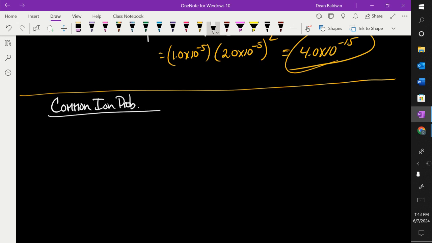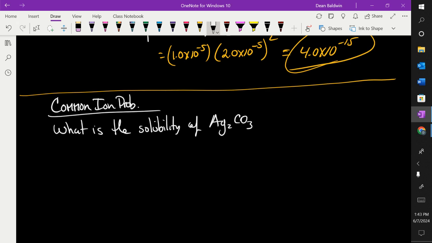Okay. So this is asking, what is the solubility of, we'll use the same molecule, silver carbonate, in a 0.1 molar solution of sodium carbonate.